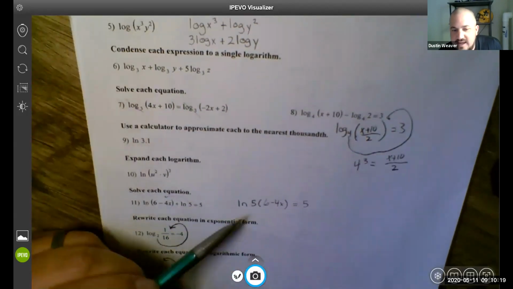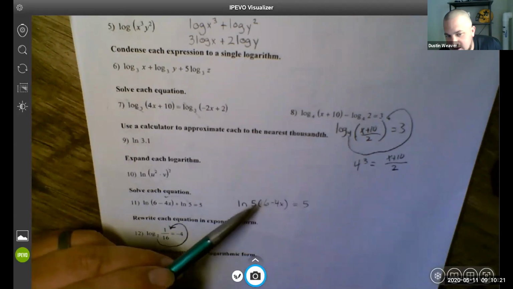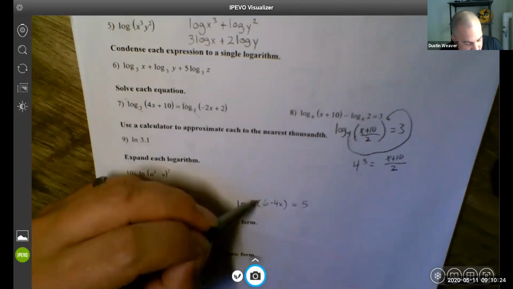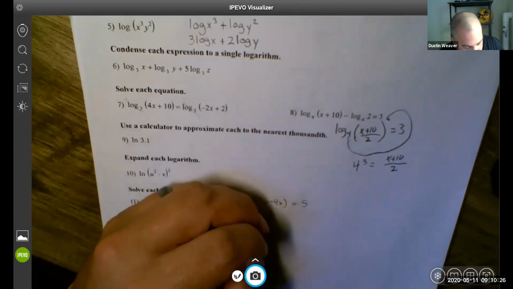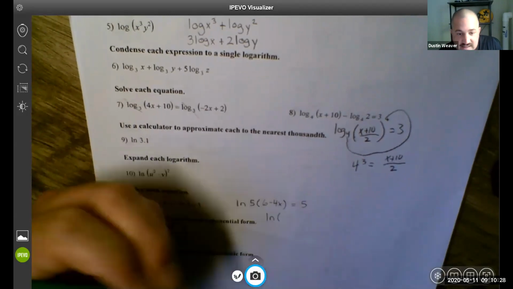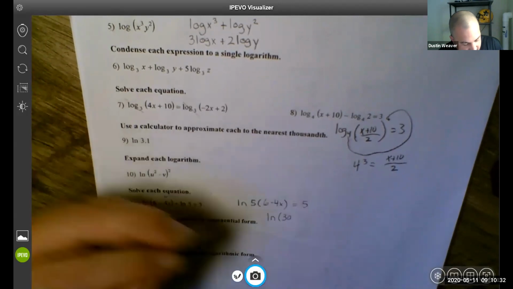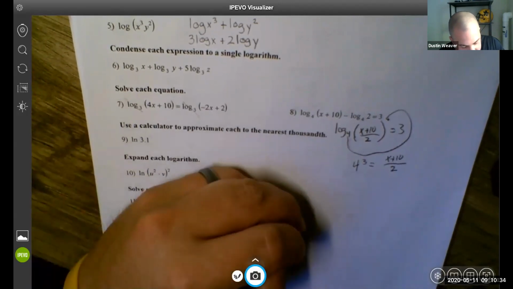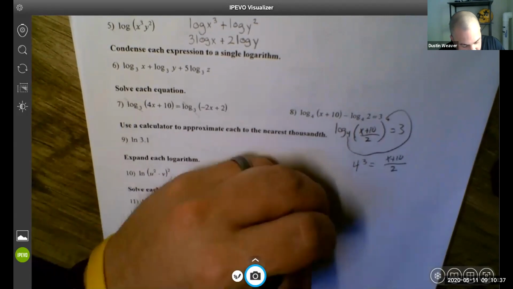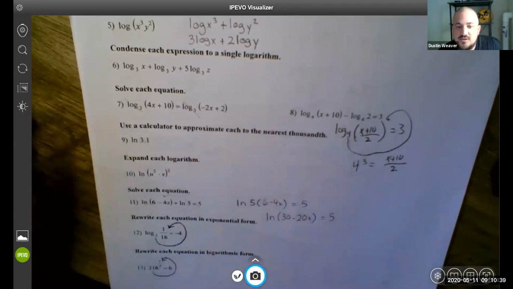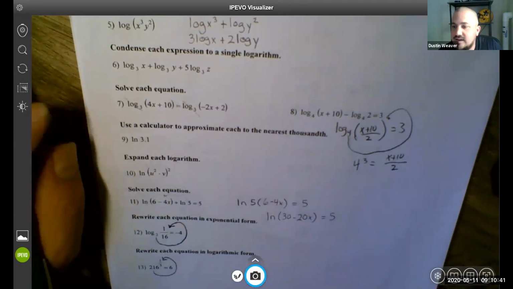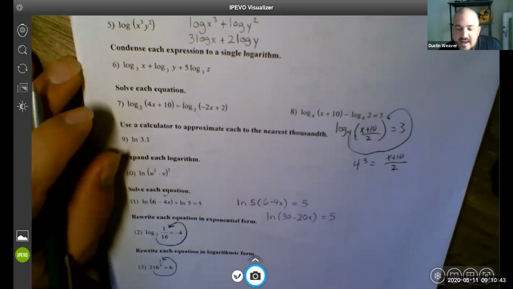Now, I can go ahead and actually find 5 times 6 minus 4x. So I'm going to distribute that. So that's going to be ln of 5 times 6 is 30 minus 5 times 4x is 20x equals 5.